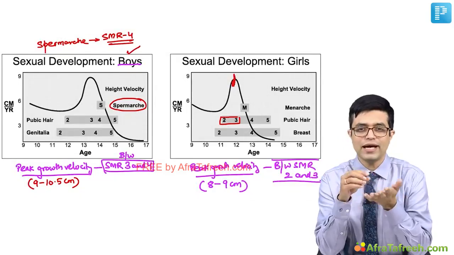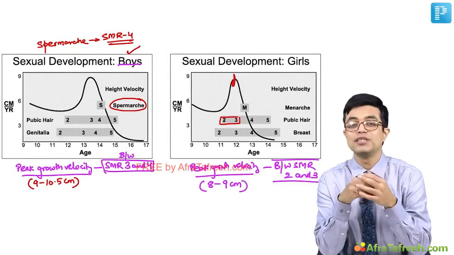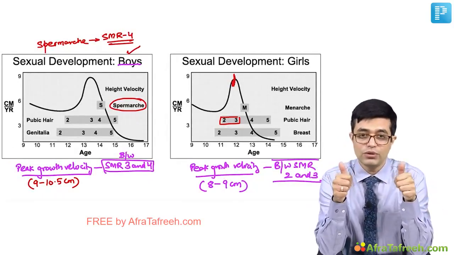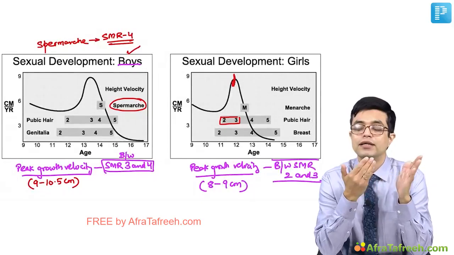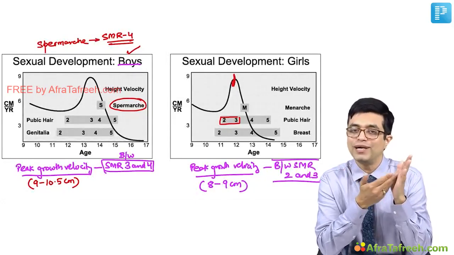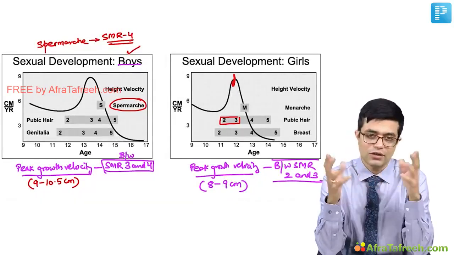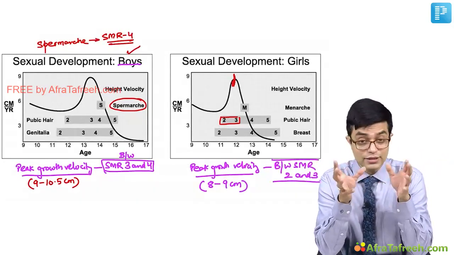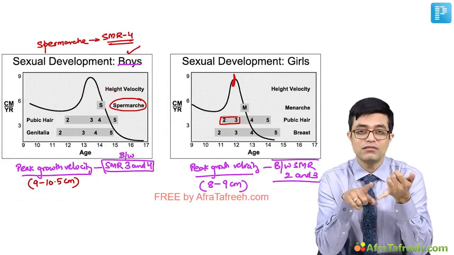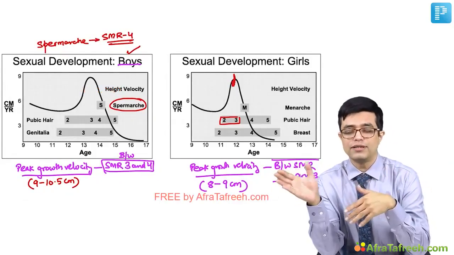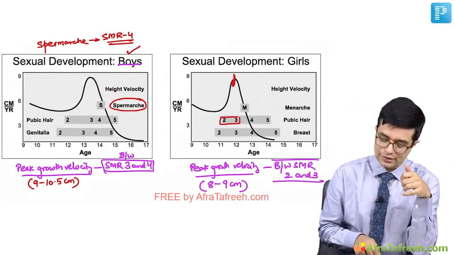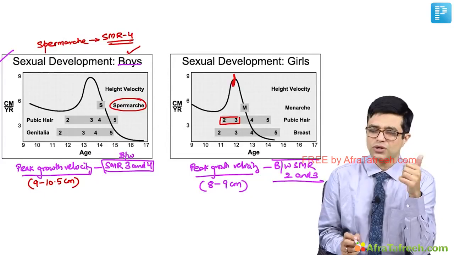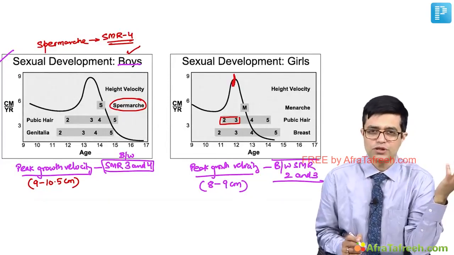So the point that can be seen is not the same as mostly seen. Most of the children, including the Indian population, you need to understand that in Western countries, the onset of pubertal development is a bit earlier as compared to our setting. That is how our genetic makeup is. In the Indian setting, it has been clearly shown in studies that SMR stage 3 and beyond is the time during which spermarche happens. And the American Academy of Pediatrics chart also shows the same. So it is a controversial point. You will come across many controversial points.